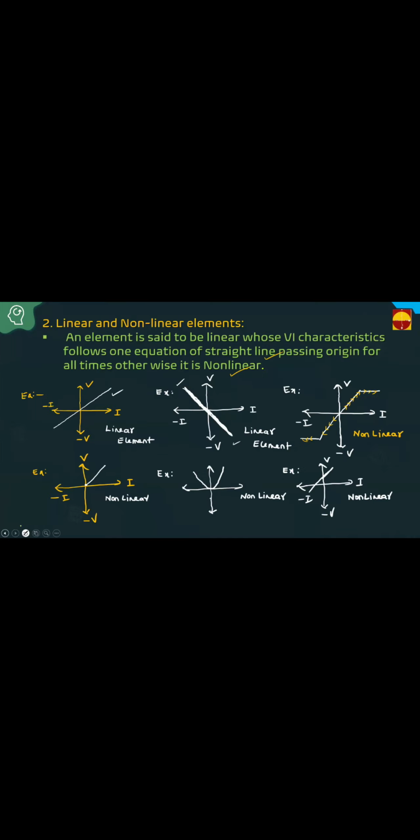If the characteristics are given like this, this is V, minus V, I, minus I. Is it linear or non-linear? It's also non-linear. If the characteristics are given like this, V, minus V, I, minus I, it is also not passing through the origin. It is non-linear.